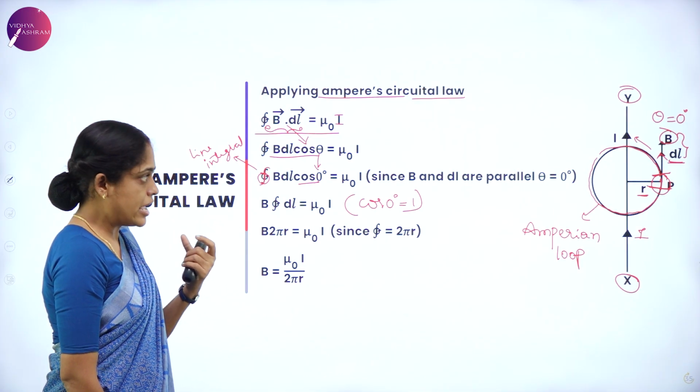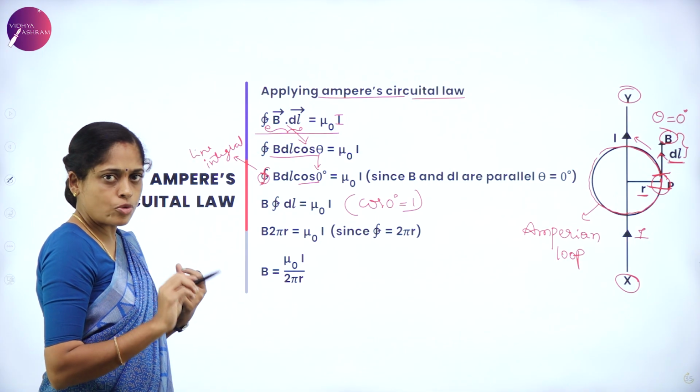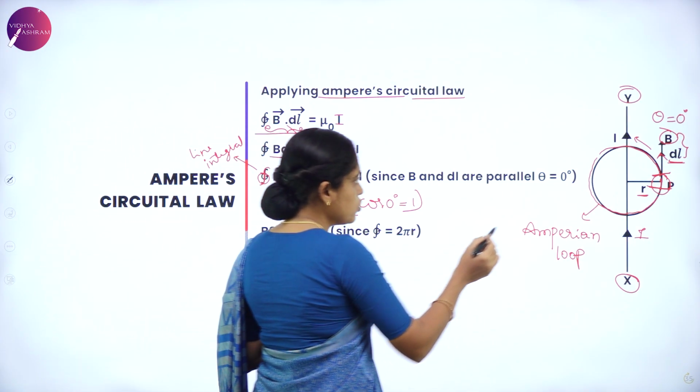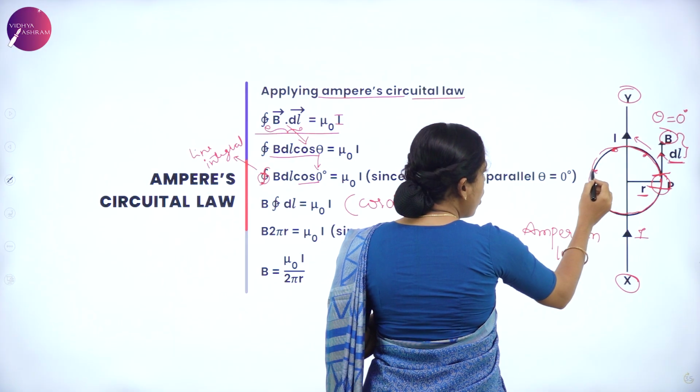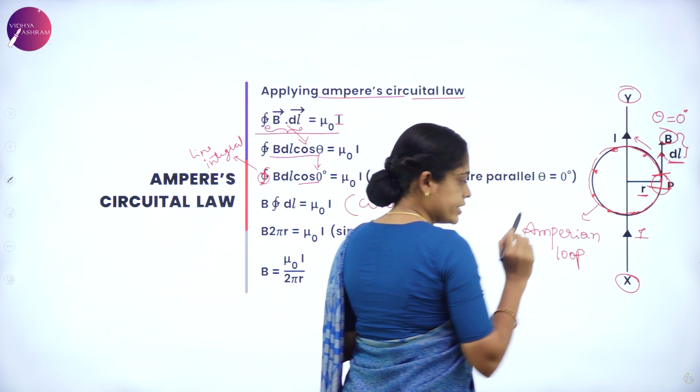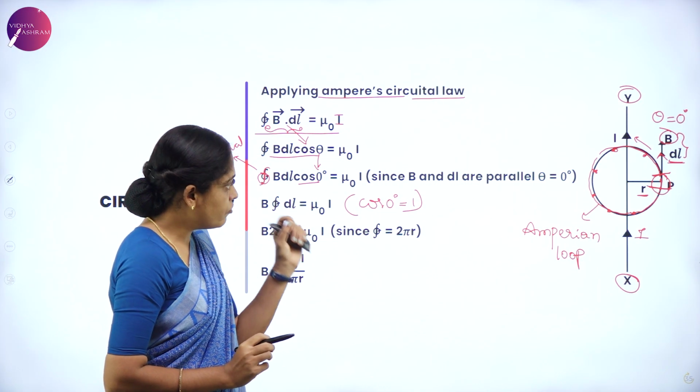magnetic field is the same around that closed path, because wherever you consider the point, all those points lie at the same distance from the wire.